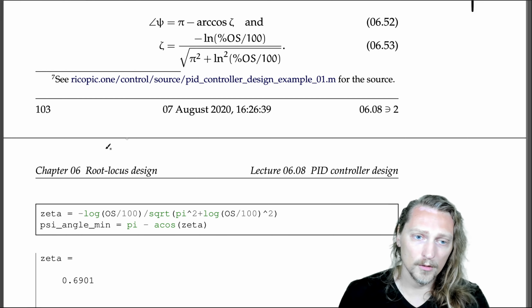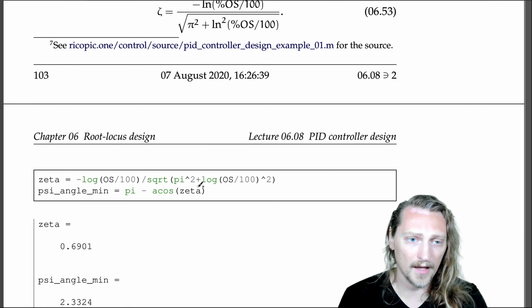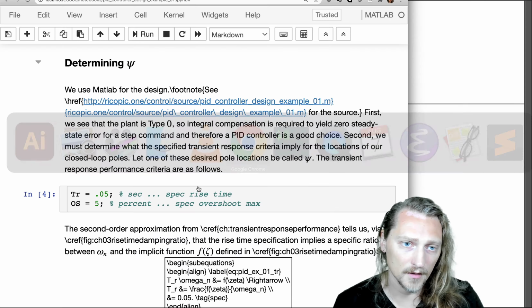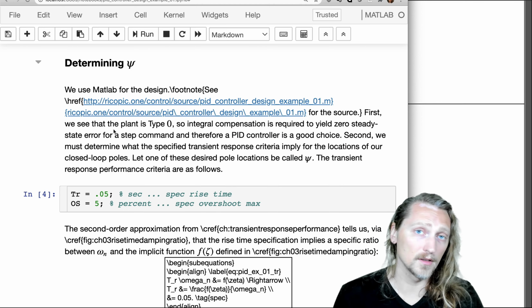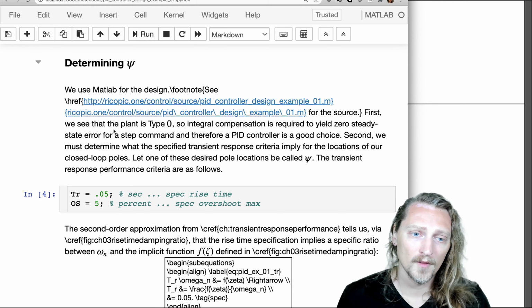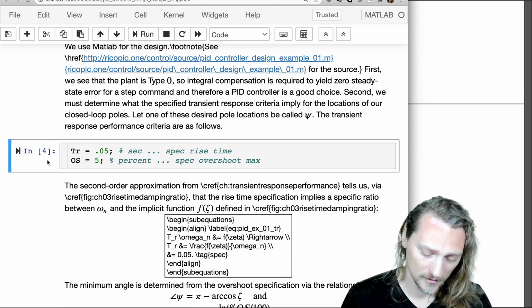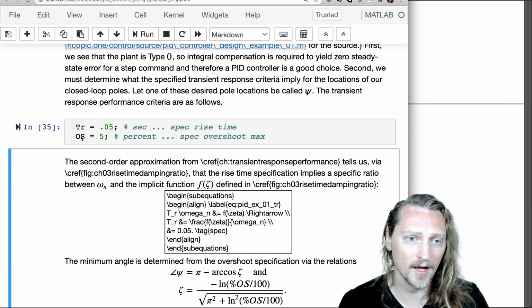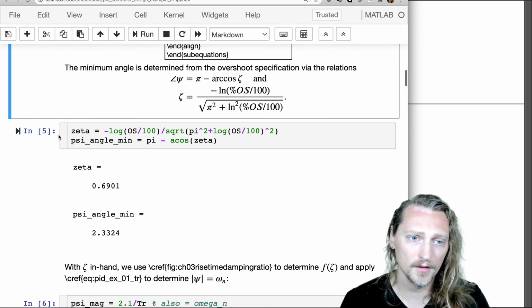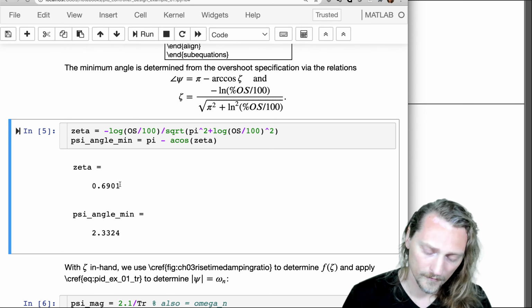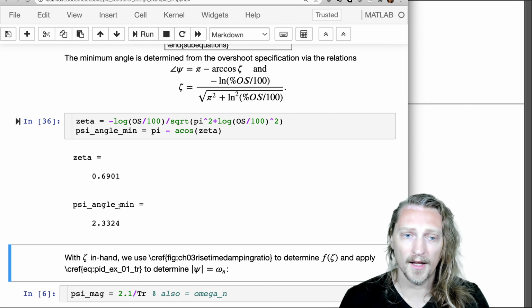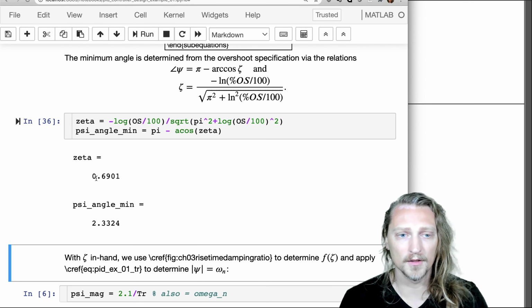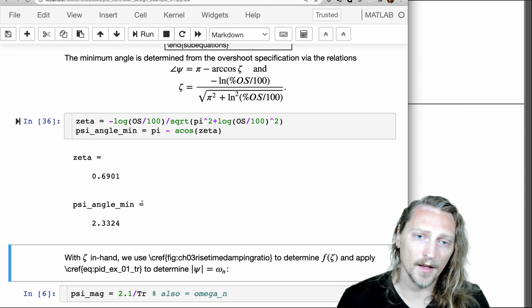If you use MATLAB, so we're going to be using MATLAB in a Jupyter environment here, which is a little bit non-standard, but actually totally doable. So I will specify this rise time and this overshoot, like we said above, and then we can compute what zeta, the damping ratio, and the psi angle should be to correspond to that percent overshoot.